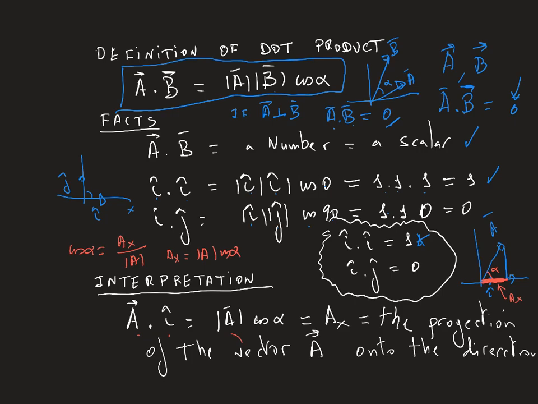So this is AX, the component of the vector in the I direction. So A scalar I is simply the projection of the vector A onto the direction of I.